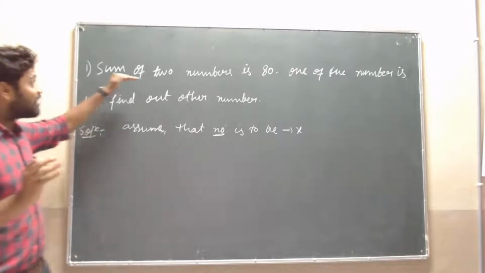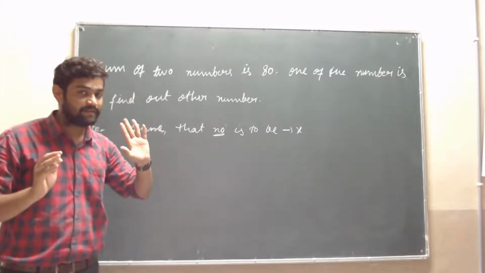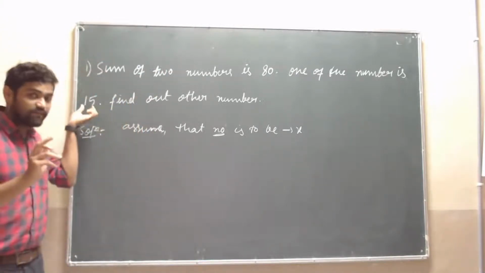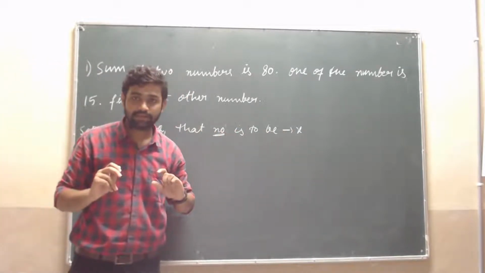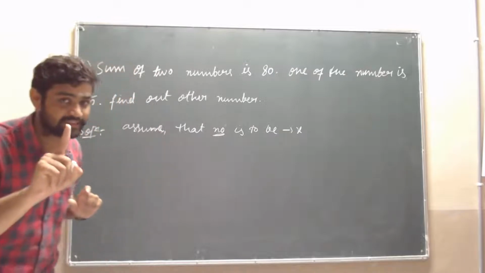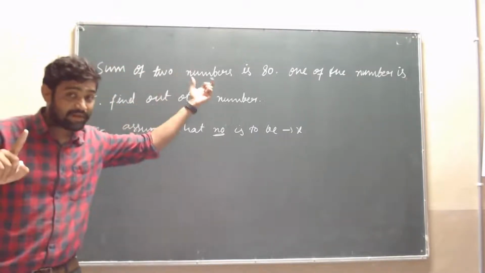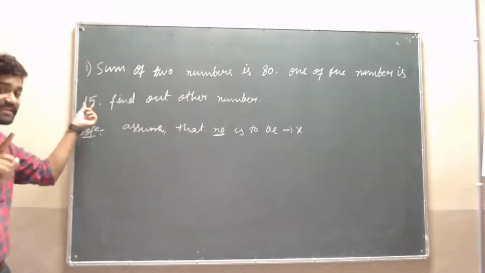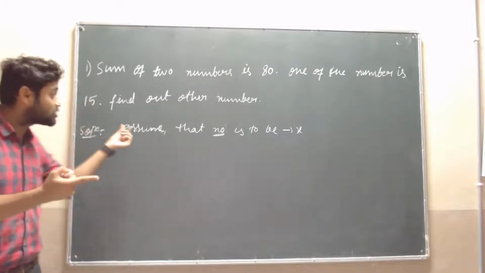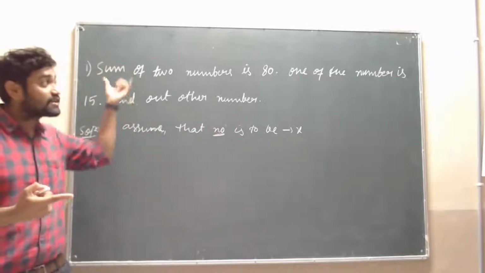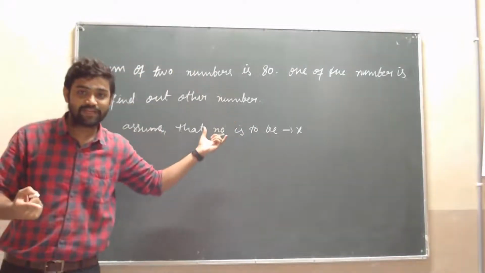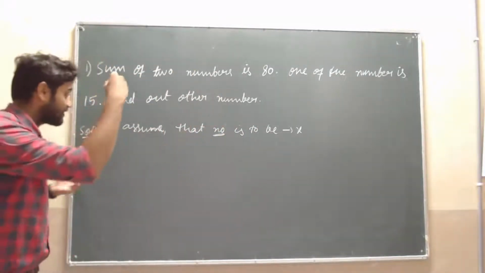The sum of two numbers is 80. One number is 15 and the other number we have assumed is x. Then we have to convert this long question into an equation. I will convert it here.